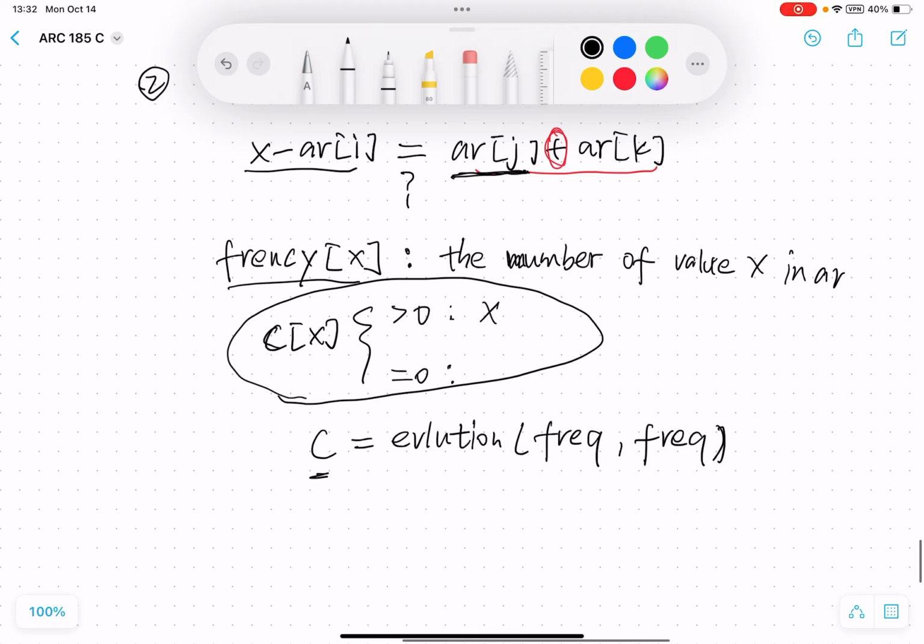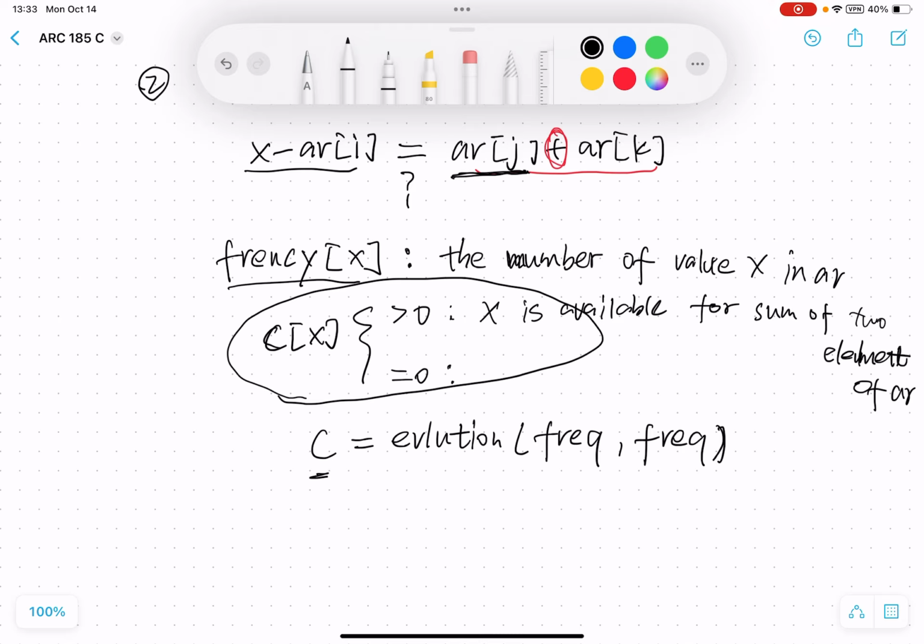That means if C_x is larger than 0, x is available as the sum of two elements of the array.